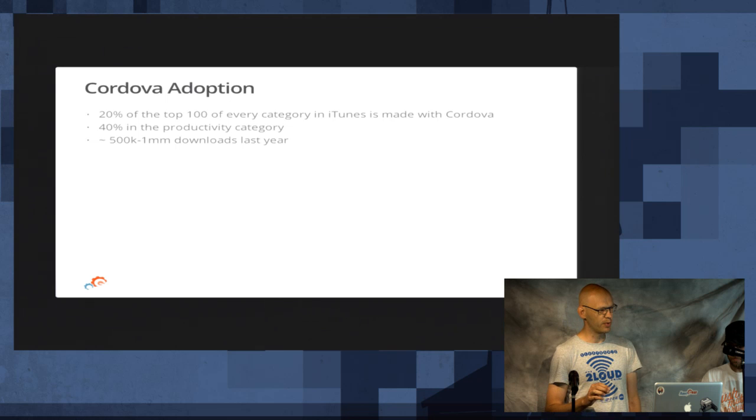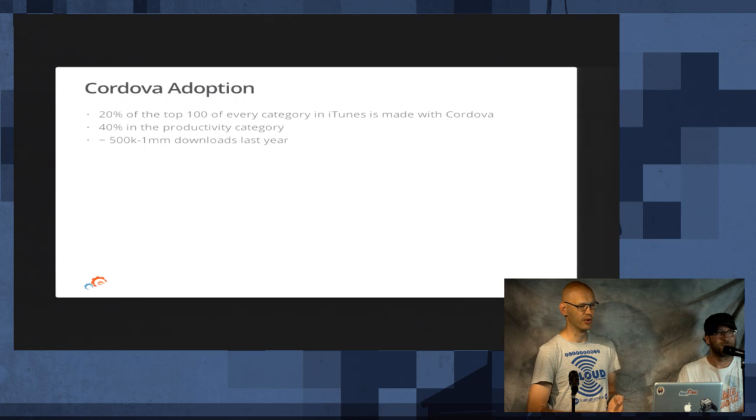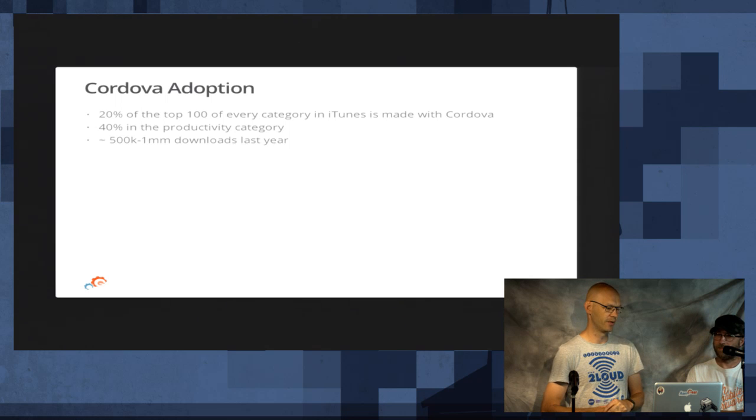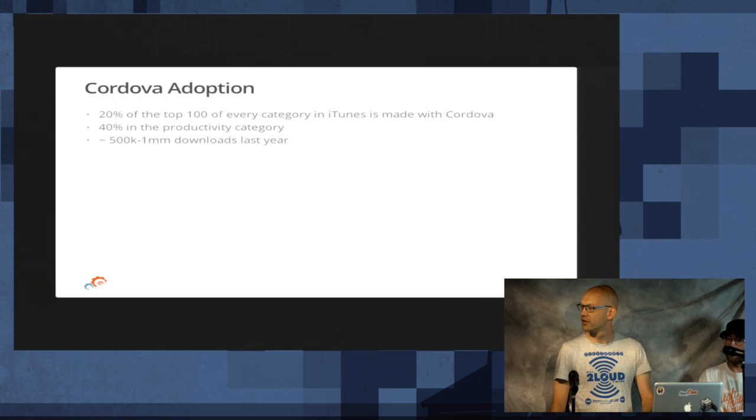Because it's cross-platform, you only have to develop your application once. You don't need an extra team for each device you want to support. It really has a market there. And in the productivity category, it's even higher. It's 40% of the apps are Cordova apps. And yeah, there's a lot of people playing with this, and there's lots of downloads as well.